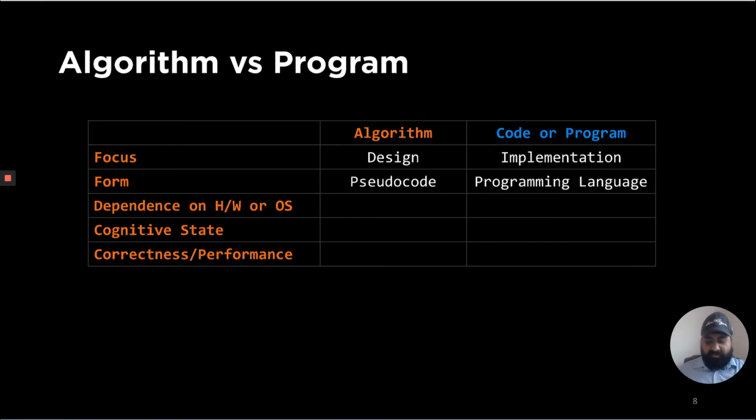The next parameter that we are going to discuss is the dependence on hardware or OS. We know that all algorithms typically are independent of hardware or OS. Whenever we are designing an algorithm, we do not care about which machine it's going to be run on.